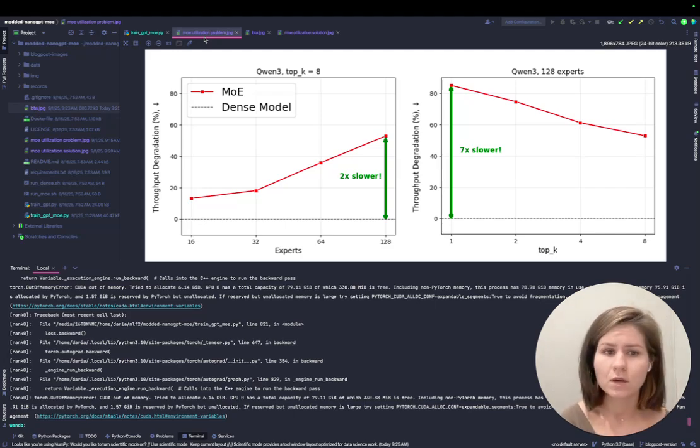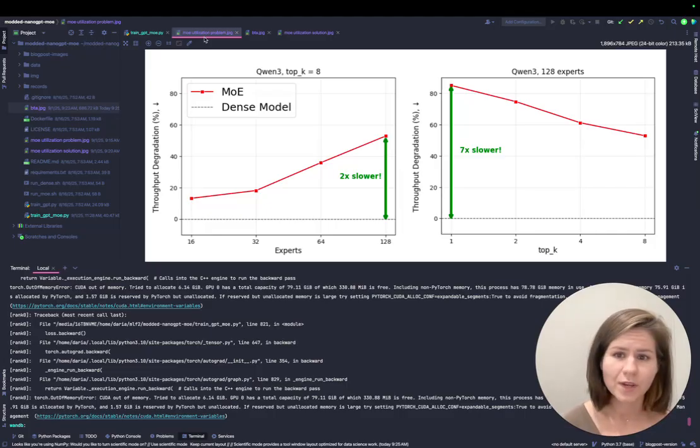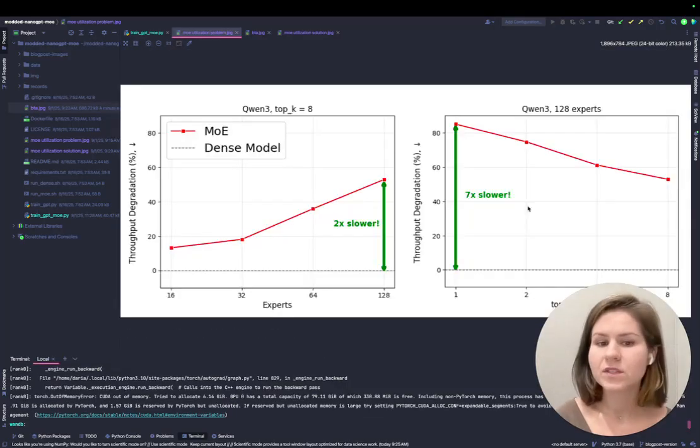Going to a lower top K makes the model sparser, and you can see that we are hitting a 7x slowdown compared to the dense network. What it means is that we are not going to train an MoE model faster than a dense network, and we are not going to translate those flops reductions into actual wall clock time reductions, unfortunately. So let's try to understand where the problem is.